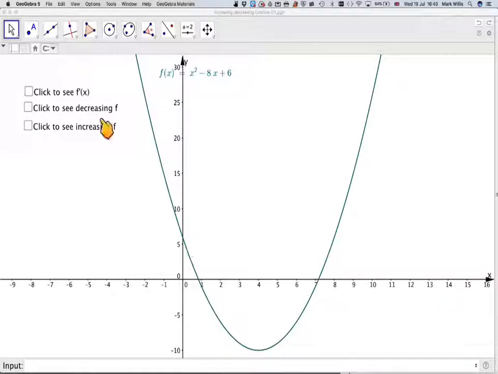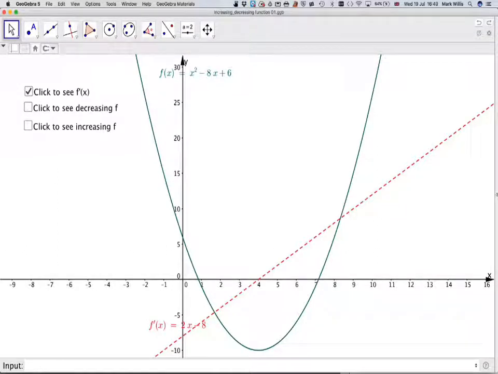If we look at the derivative of that function, the graph of it looks like that. It's a straight line, 2x minus 8, and we can see that below values of x of 4 the derivative is negative, which means that for the blue bit here, the function is decreasing.